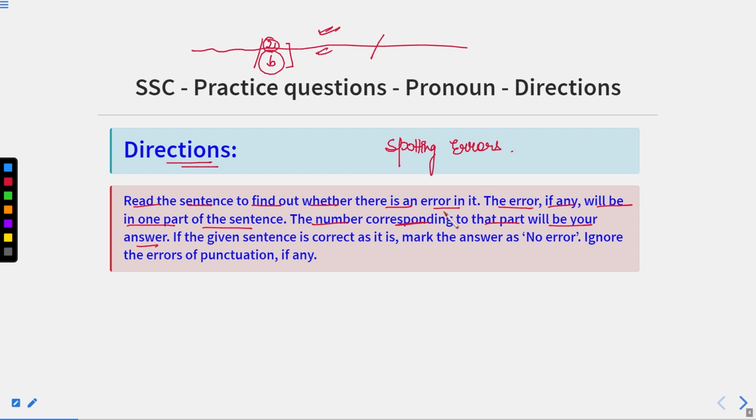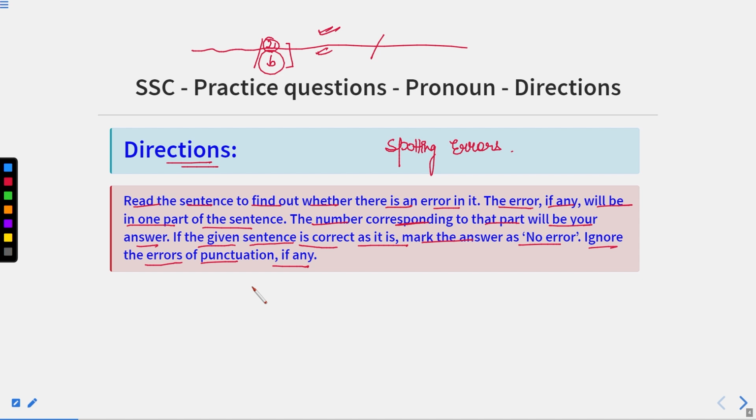Now it is also possible that the given sentence is correct as it is. If it contains no error, it means the entire sentence is absolutely correct, then you have to mark your answer as no error. Ignore the errors of punctuation, if any. Now we should not find the errors of punctuation.